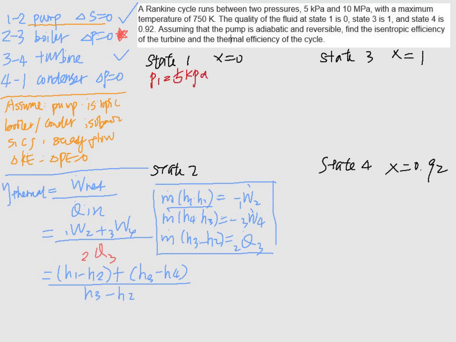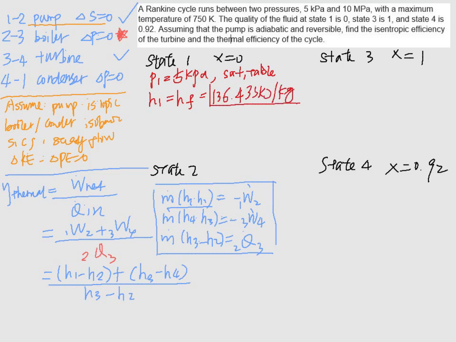So if we go to the saturation table, find P equal to 5 kilopascal, H1 should equal the H at liquid state, which is 136.435 kilojoule per kg.